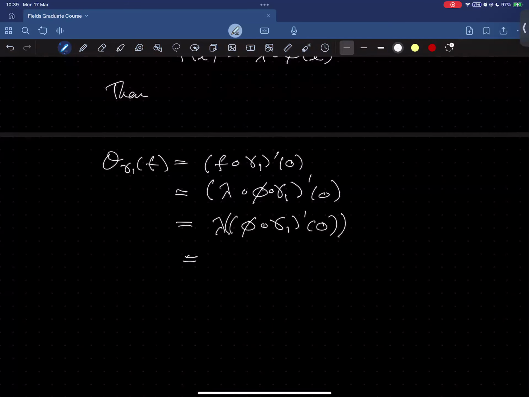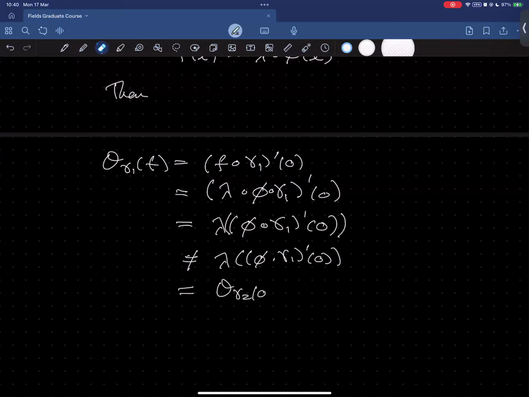So this is not equal to lambda of phi composed with gamma 2 prime at 0, which is equal to theta gamma 2 of f. So this shows that the mapping tau x naught is injective. Great.